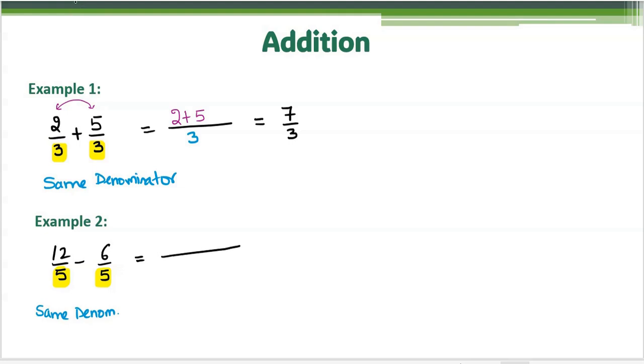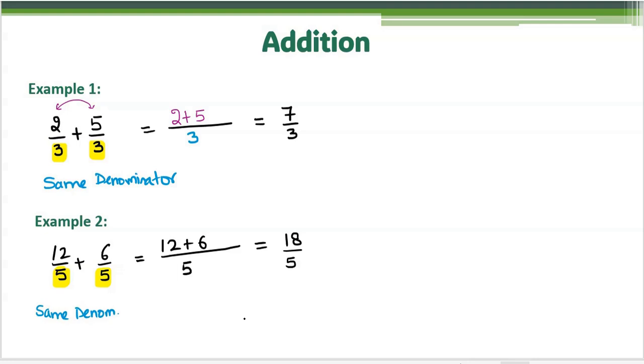As the denominator is the same, we write it one time, and then we do the operation on the numerators. 12 plus 6 is how much? 18 over 5. And this is how we add two fractional numbers with the same denominator.